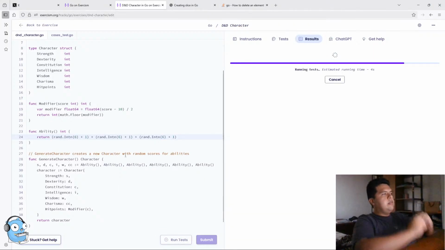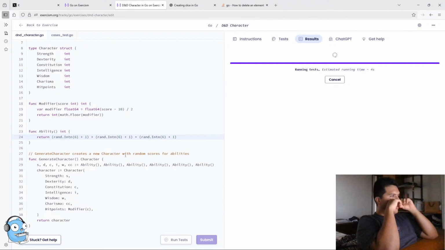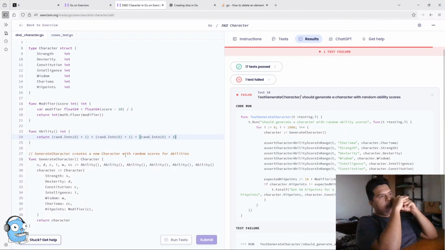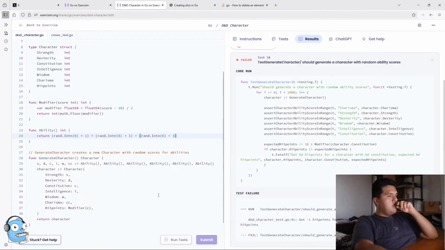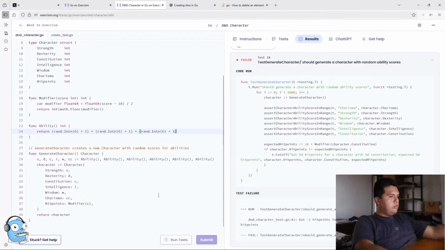Now I will return the value from 3 to 18, the sum of all rolls, expected calculated with 9 constitution.